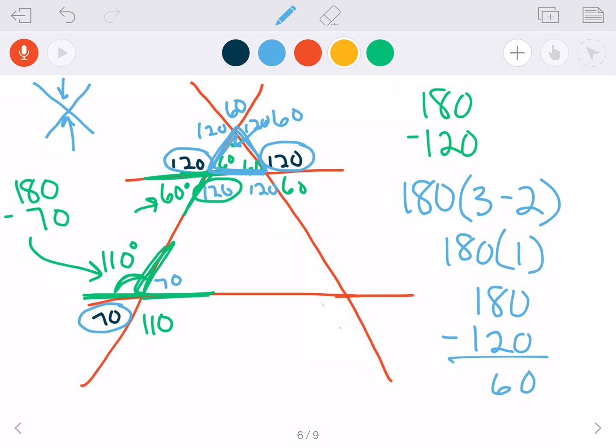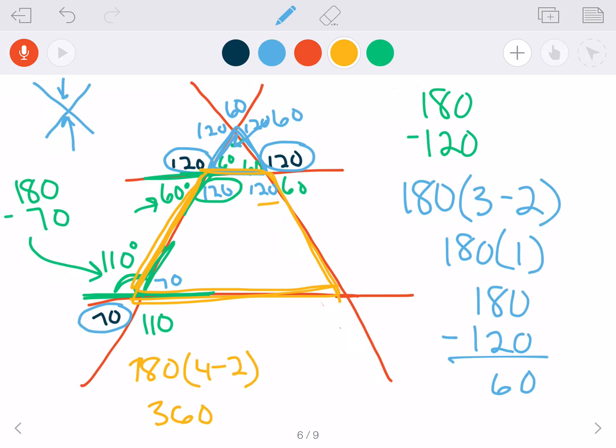Finally, just to kind of refresh our memories here, if I were to outline this entire middle, I've got a shape that has 4 sides. So a 4-sided shape, we've got 180 times 4 minus 2. So 180 times 2 is 360. I'm going to take off the 3 angles we know.